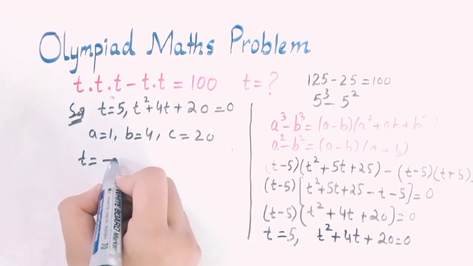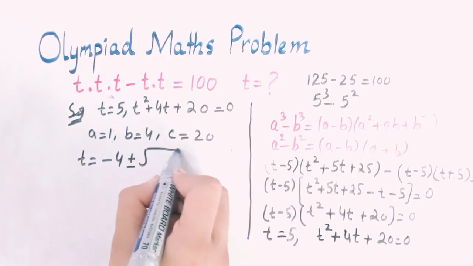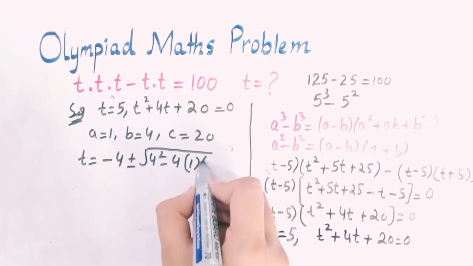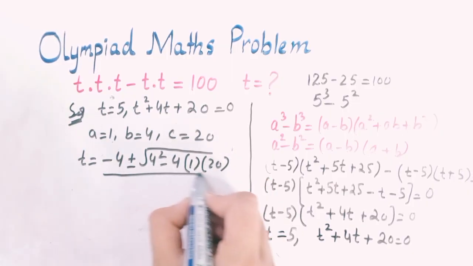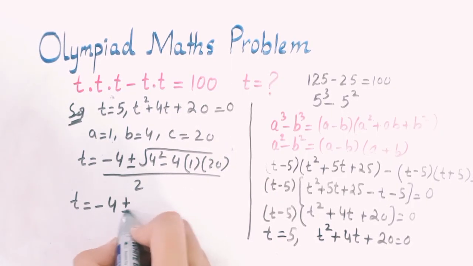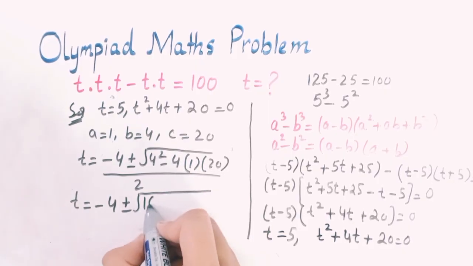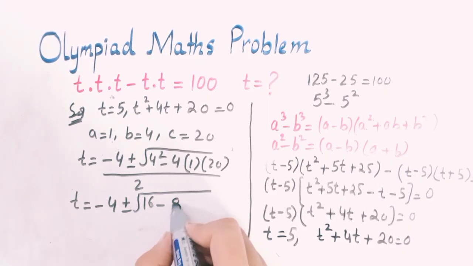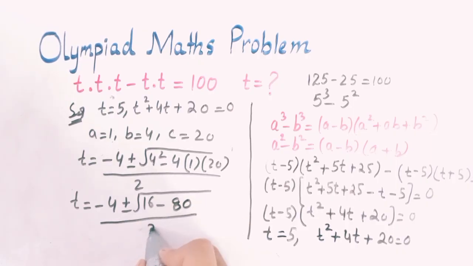So t equals minus b, means minus 4, plus minus root of b square, 4 square, minus 4ac, a is 1 and c is 20, divided by 2. So t equals minus 4 plus minus root of 4 square is 16 minus 4 times 20 is 80, divided by 2.